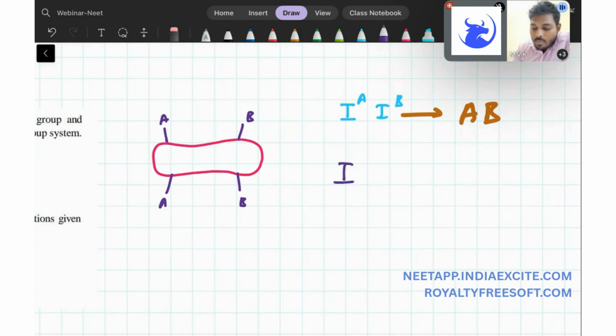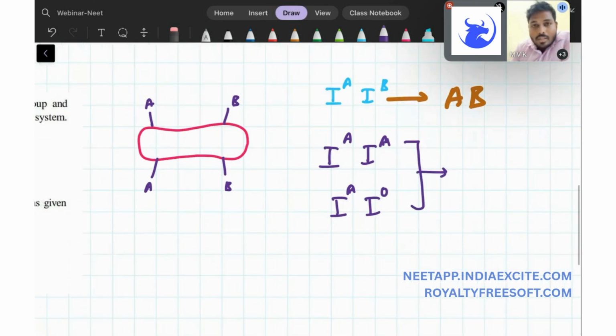What about A group? They can have two types: homozygous IA IA or heterozygous IA and I naught. Both these genotypes result in the phenotype of A blood group. What about B? Similar, homozygous and heterozygous.